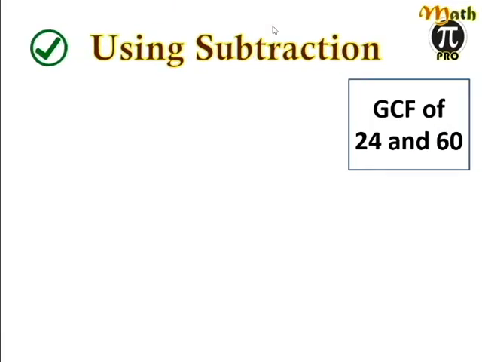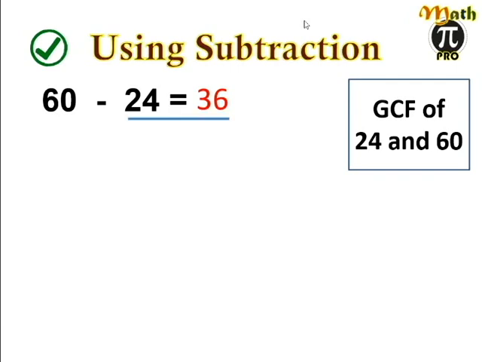Okay, for our last example, what is the GCF of 24 and 60? Here, we can interchange the position of the numbers since 60 is greater than 24. So we subtract 60 minus 24 is 36. Then, since 36 is bigger than 24, we interchange again their position to subtract them.